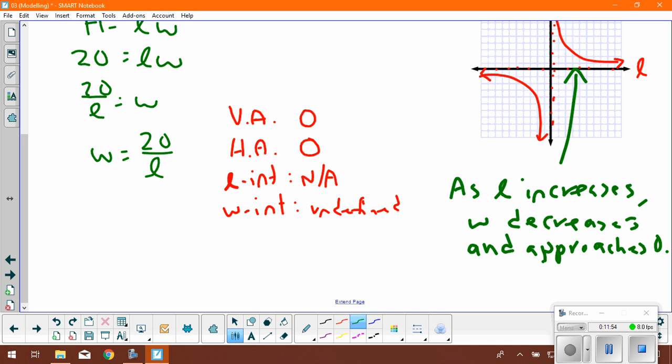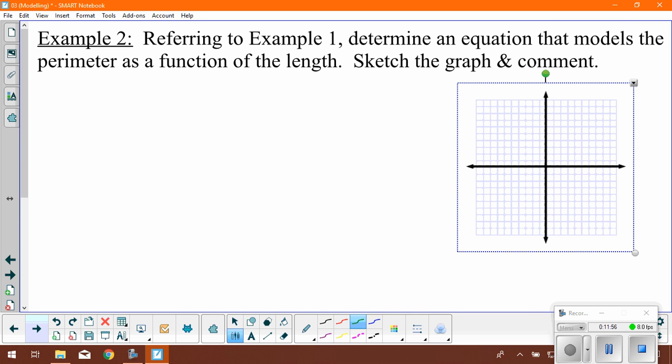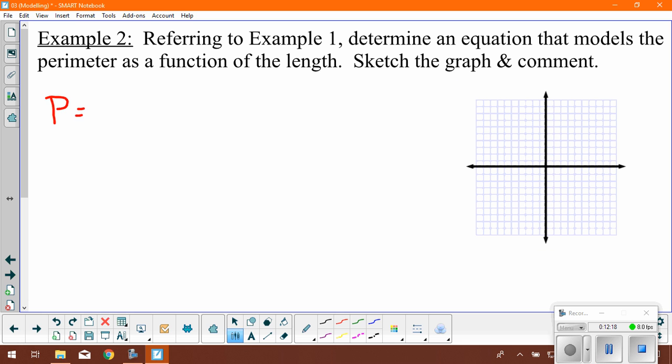Right, example 2. Same idea. Let's make the perimeter as a function of the length. So we'll start with our equation for perimeter. The perimeter is 2 lengths plus 2 widths of a rectangle.